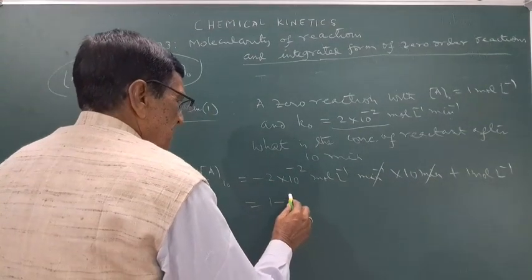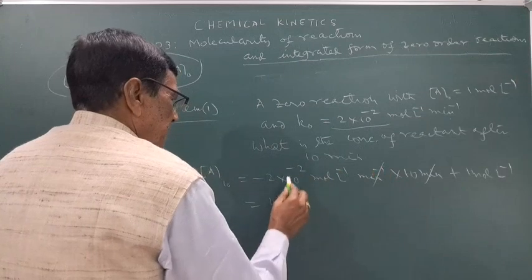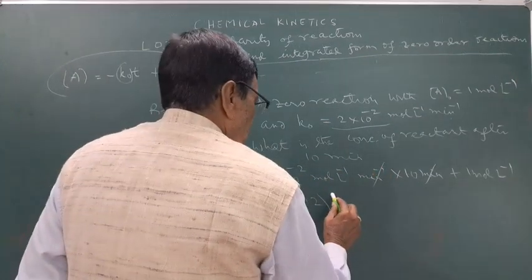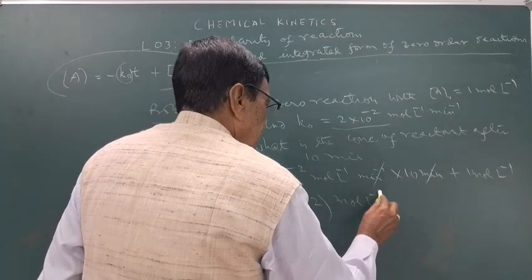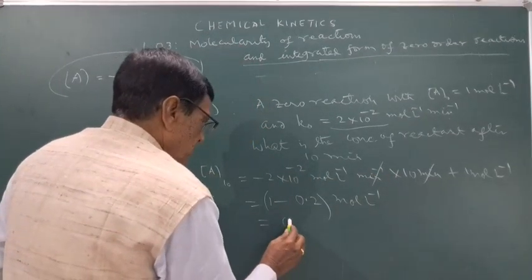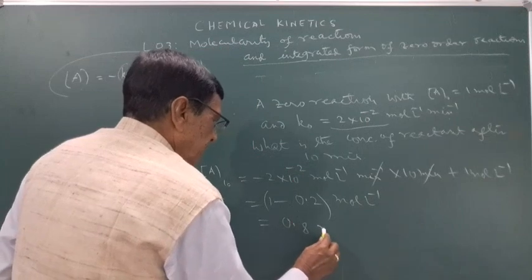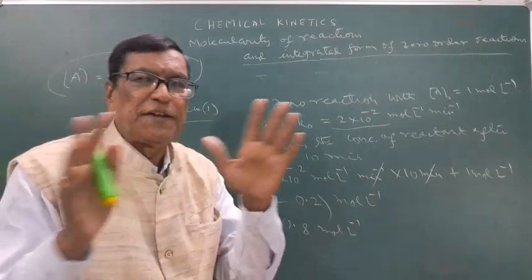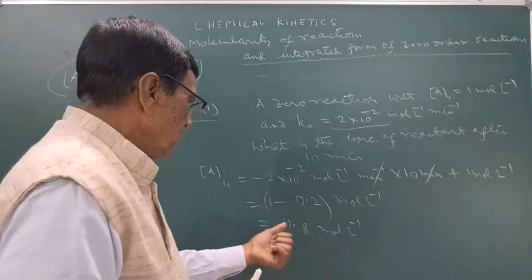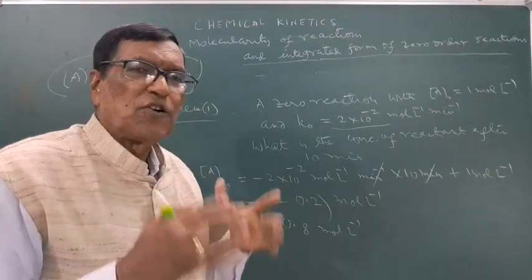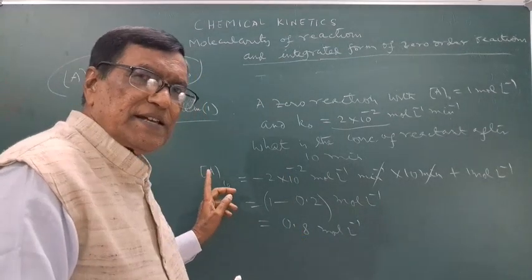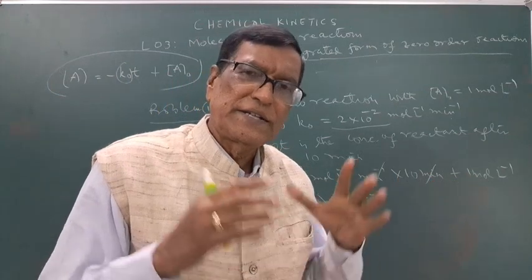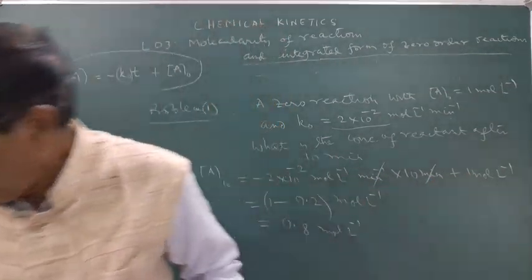So 1 minus 10 multiplied means 0.2 mole liter inverse, and it is equal to 0.8 mole liter inverse. Means for this reaction after 10 minutes, only this amount is the concentration of this reactant after the time 10 minutes. Another problem.